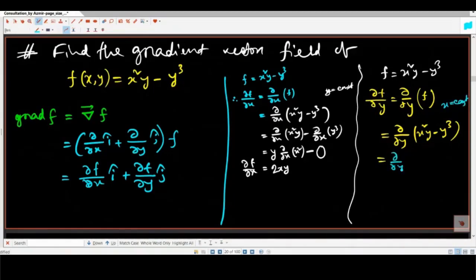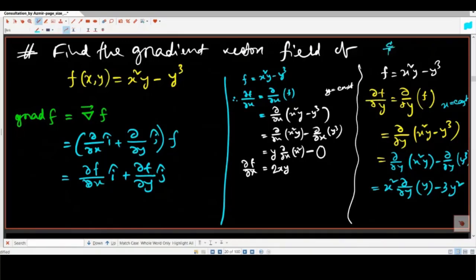So ∂/∂y of x squared y minus ∂/∂y of y cubed. So x squared is constant, and we are pulling out x squared before ∂/∂y of y, minus the differentiation of y cubed with respect to y.